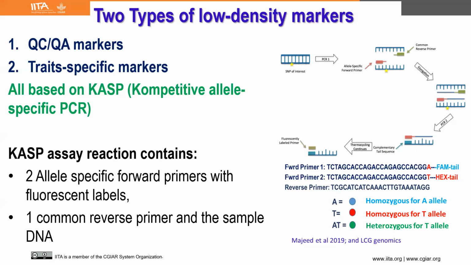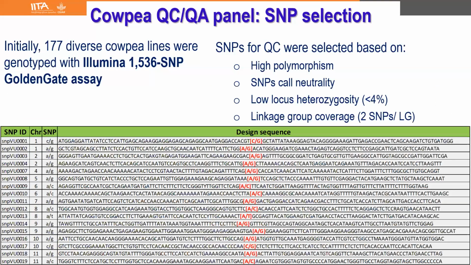Then it goes through the normal PCR process for amplification, and it's easy to detect the genotype calls with the fluorescent signals at the end of these primers. If it is either of the 2 homozygous alleles, blue or red, and when it's heterozygous, it overlaps and produces a green signal, and so it's easy to call the SNPs and the genotypes. That's the process that the QC markers follow.